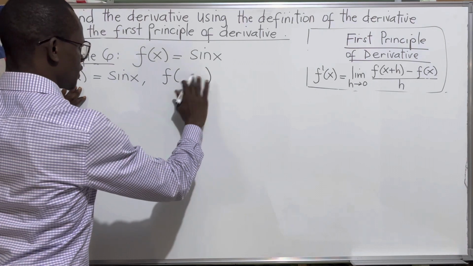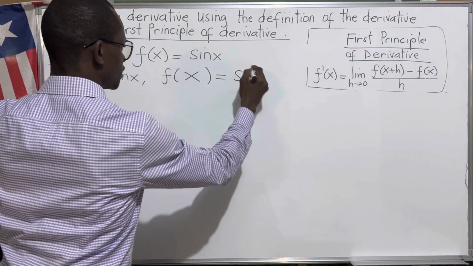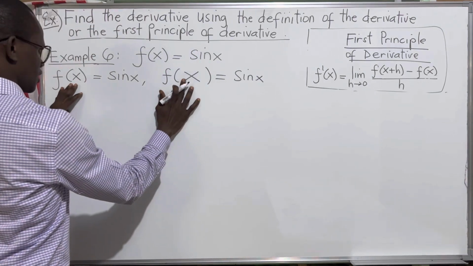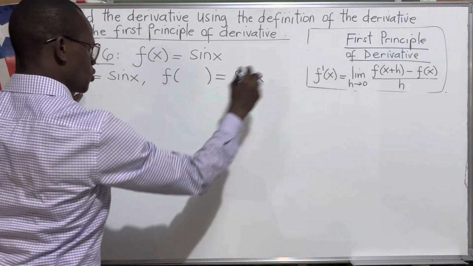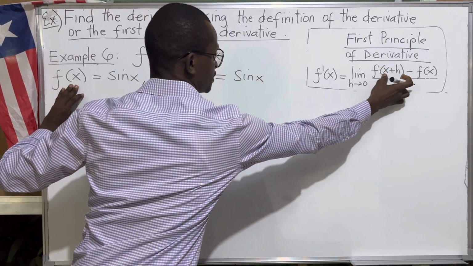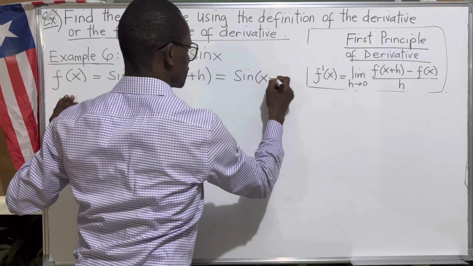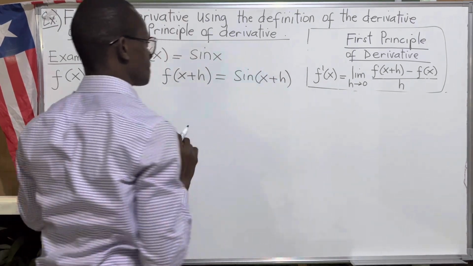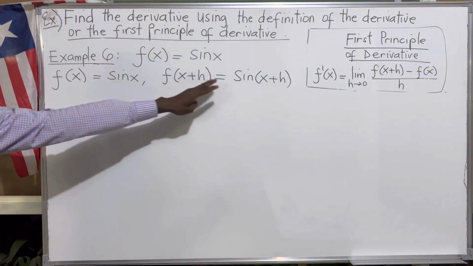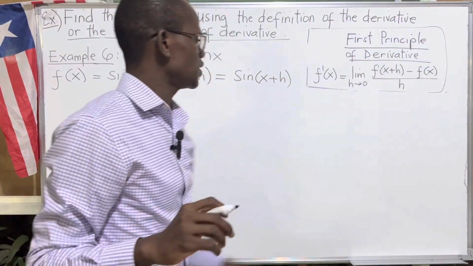It's like saying f of x equals sine of x, so whenever we see x, we erase it and put x plus h. So we've now gotten f of x and f of x plus h, and we can replace it in there.